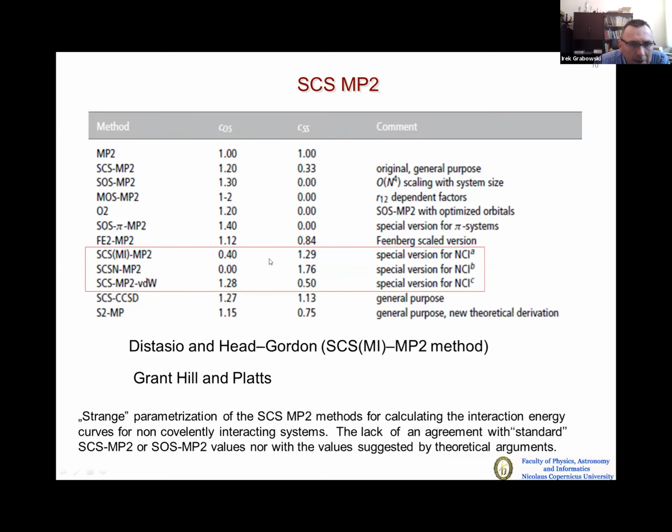As you can see, it's quite opposite to the standard one. The original parametrization does not work for these non-covalently interacting systems. But there are several parametrizations and they are very strange.